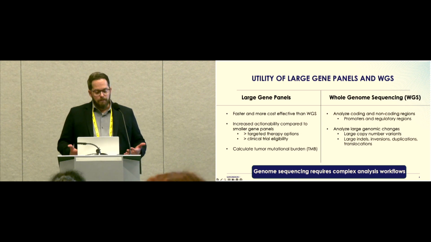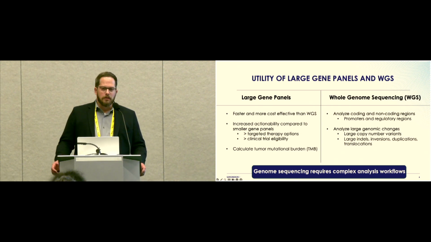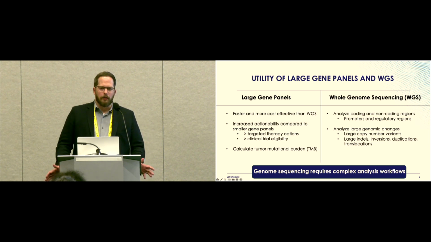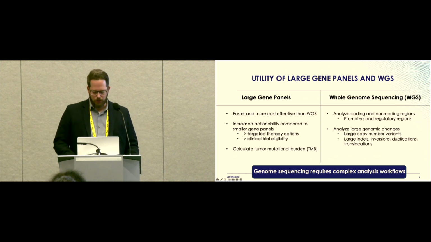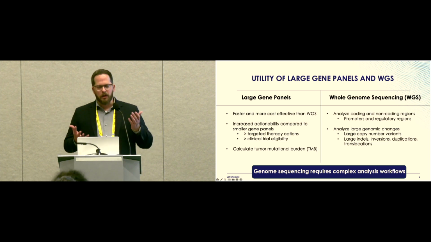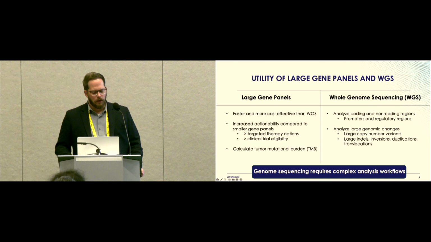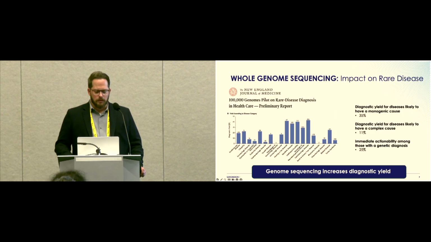And similarly, given how you have to prepare for these large gene panels and the way that the sequencing comes together, understanding these large structural variants, fusion events, as well as copy number change is facilitated through whole genome sequencing. So there's a bit of a compare and contrast, but in the main, large gene panels up to and including whole genome sequencing is beneficial to the patients, but as we'll talk about here, it comes along with increased complexity in analytic workflows.